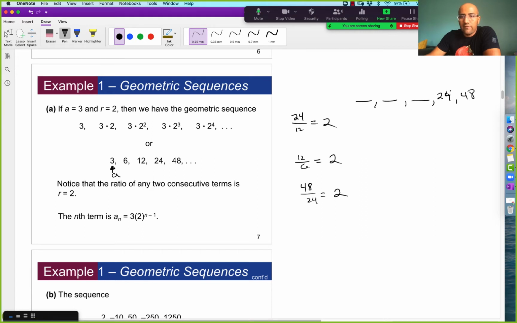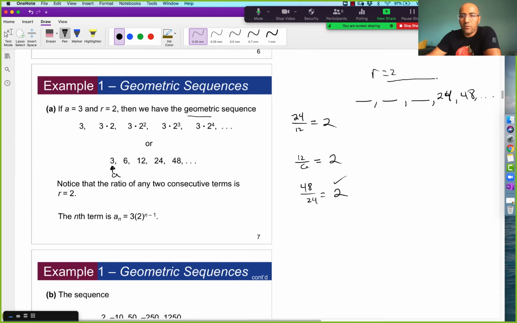Even if I only gave you this much information and said find the equation of this geometric sequence, it would be important to point out that it's a geometric sequence so that you understand the general form of the formula that applies here. Even by just giving you these two terms, we can find r. r would be 2. If you multiply by 2 in this direction, then going in the opposite direction, we divide by 2.